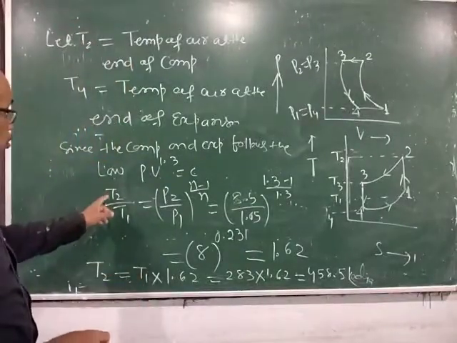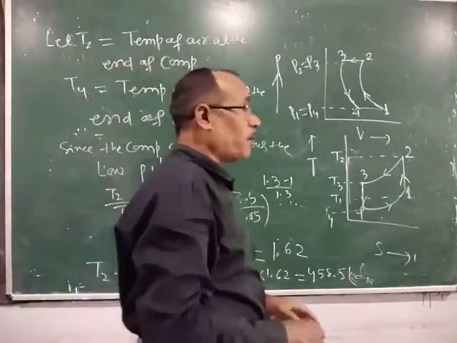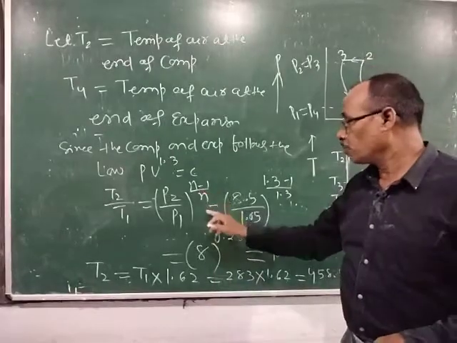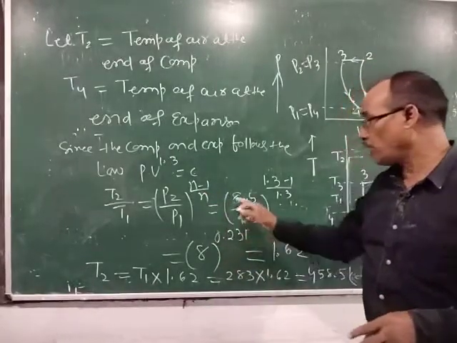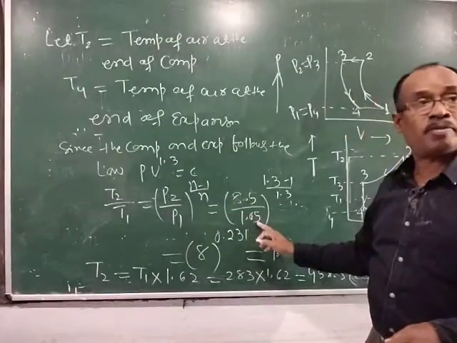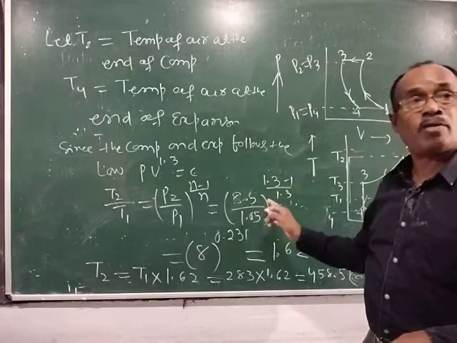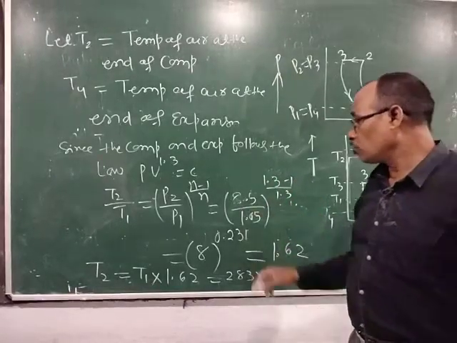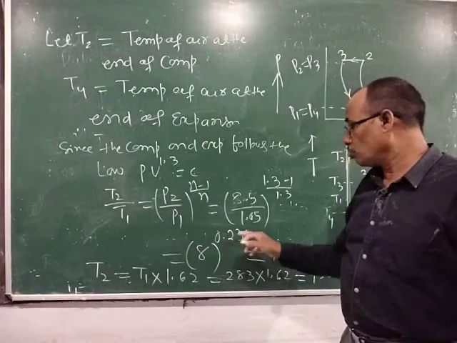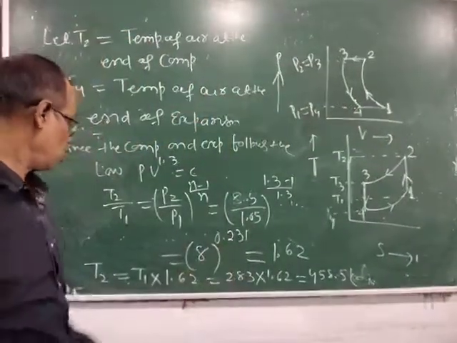Therefore, T2 by T1 is equal to P2 by P1 to the power (N minus 1) by N. Putting all the values, P2 is equal to 8.5, P1 is equal to 1.05, to the power (1.3 minus 1) divided by 1.3, is equal to 1.62.